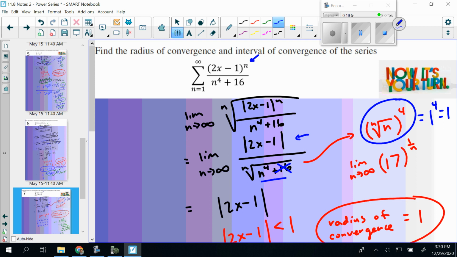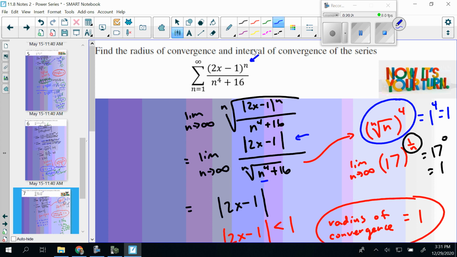Even if we did have some constant in here, like the plus 16, and let's say that n to the fourth ends up being like a 1, so we get the nth root of 17. Remember, nth root can be written as 1 over n. As that goes to infinity, that's just going to be 17 to the 0 power, which also equals 1. So all that denominator will just end up being 1 there.